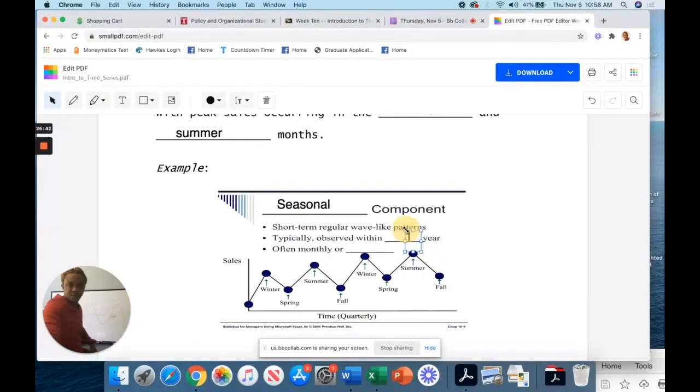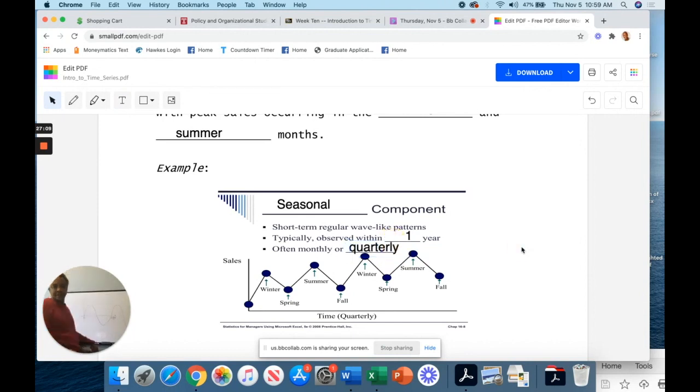Often monthly. In this particular diagram here, I guess it's monthly or quarterly. Monthly or quarterly. That's kind of big, but I think you can sort of see that.